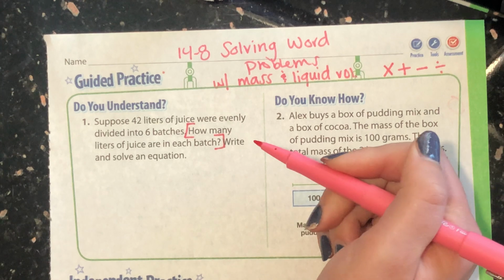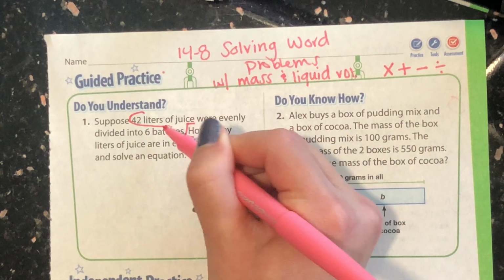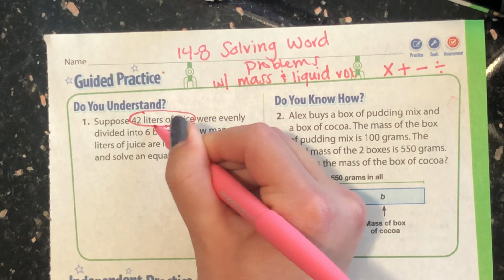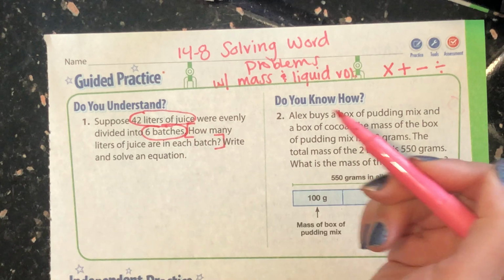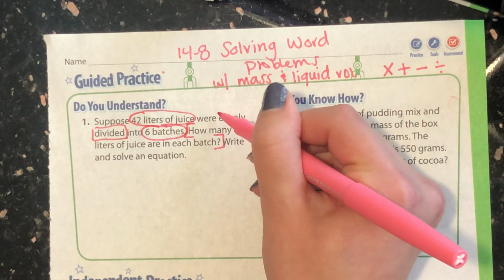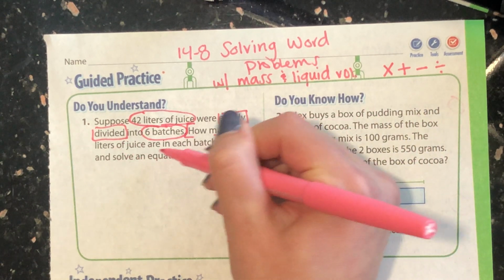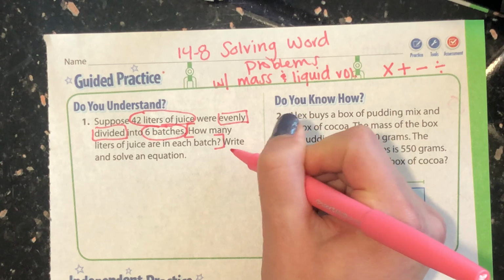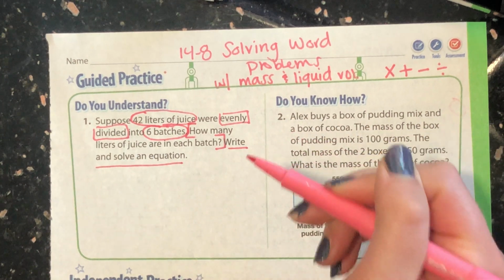I can circle important numbers. I've got 42 liters of juice, and then I have 6 batches. Some important words in here: it's divided evenly. And then I need to know how many liters of juice are in each batch. And here's my job right here: I have to write and solve an equation.